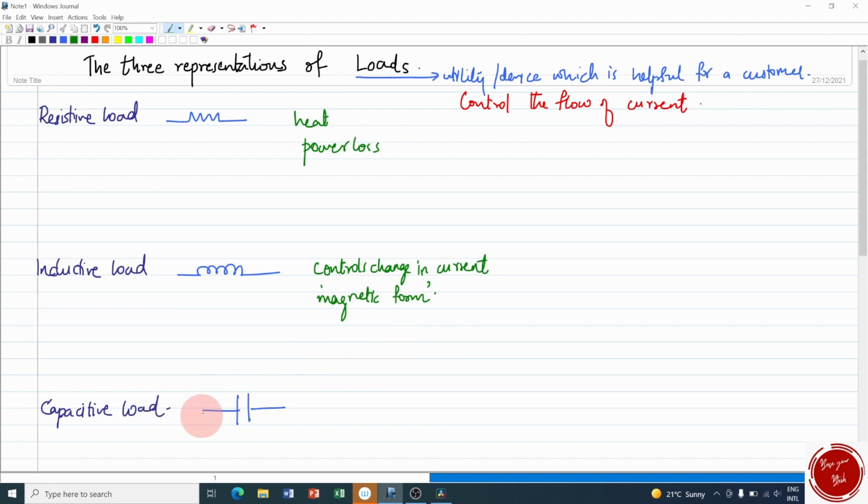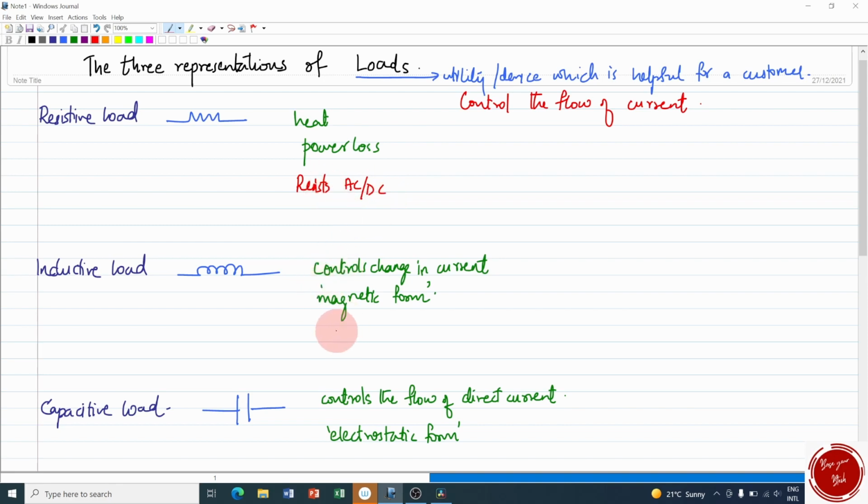Similarly, a capacitive load: the capacitor controls the flow of static charge or direct current, and the electric energy is converted into electrostatic form. In other words, a resistor will resist the flow of any current, whether it is AC or DC.